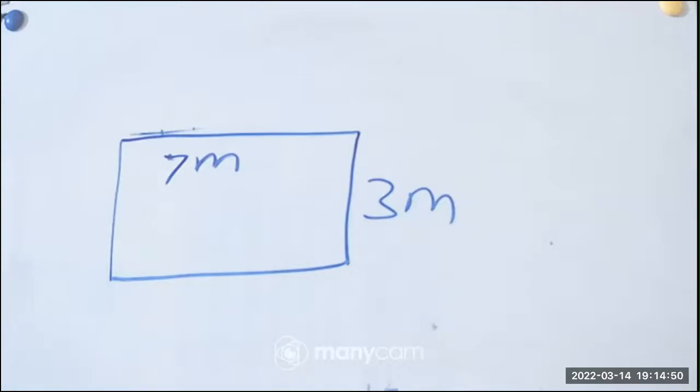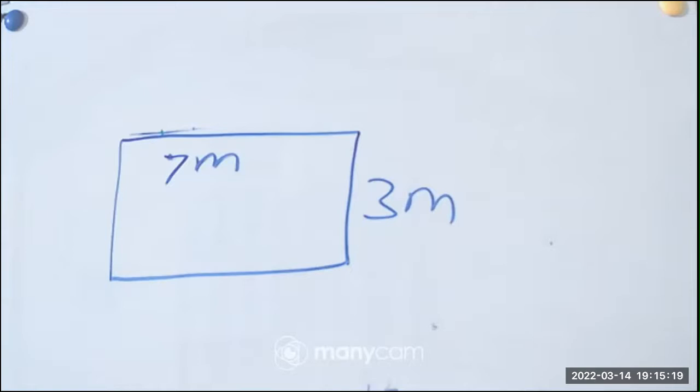So what would be your thinking? So the perimeter, first step, right, you'll find the perimeter. So what would be the perimeter of this when we work it out? 20 meters. Right, very good.